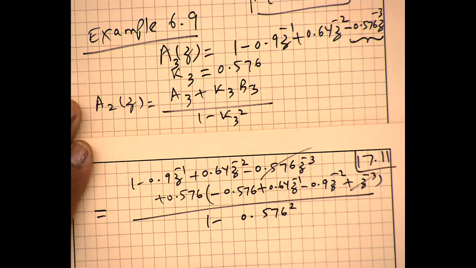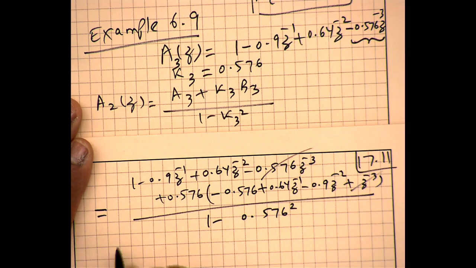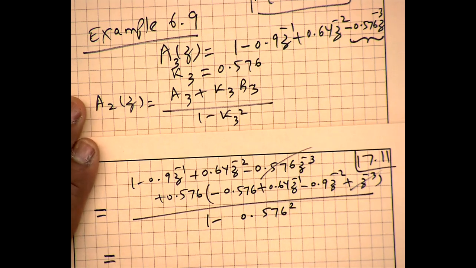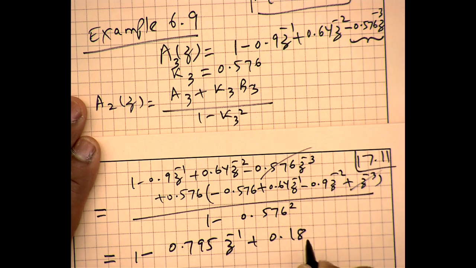So with a little algebra, you can show that A_2 is 1 minus 0.795 z^-1, I am not going through the calculations here, plus 0.1975 z^-2.